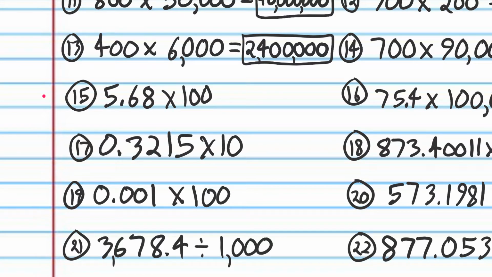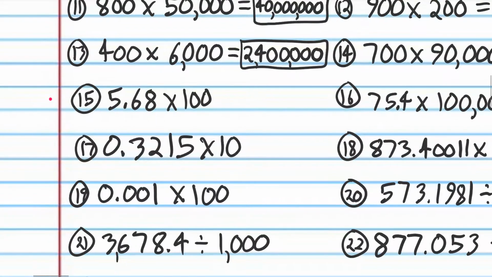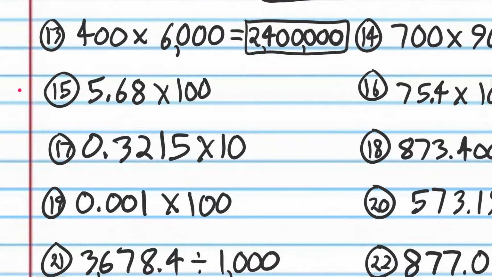But now we're going back to multiplying by powers of 10 again. So the difference here is that we don't have a whole number. Well, we do have a whole number. 5 is a whole number, but we also have a fraction. So that's the difference, is we have this fraction part. And as you can see, the decimal is visible.